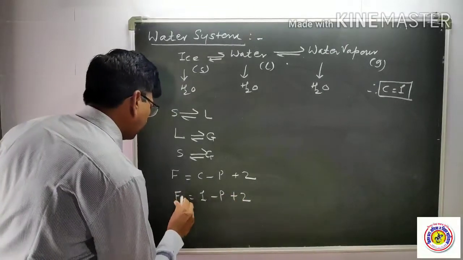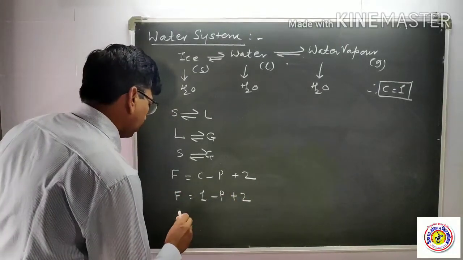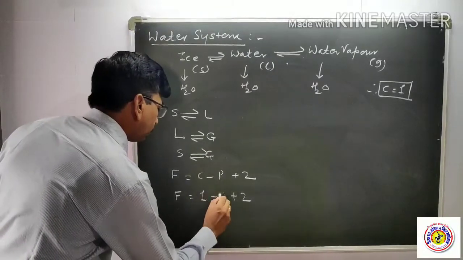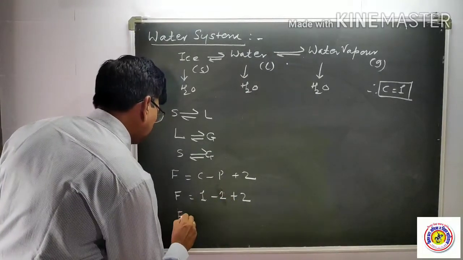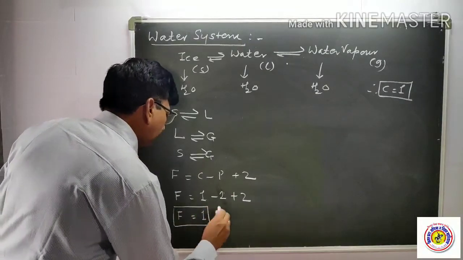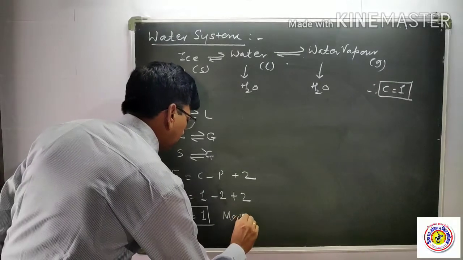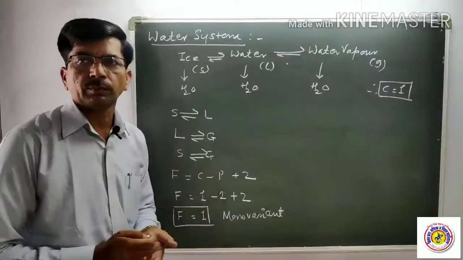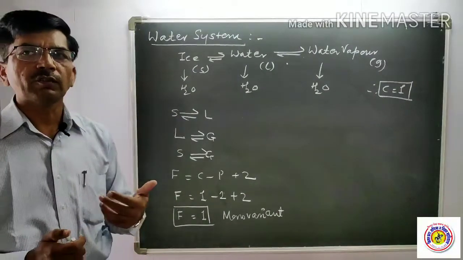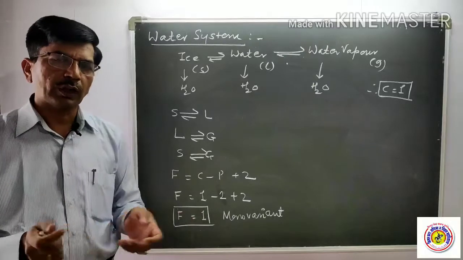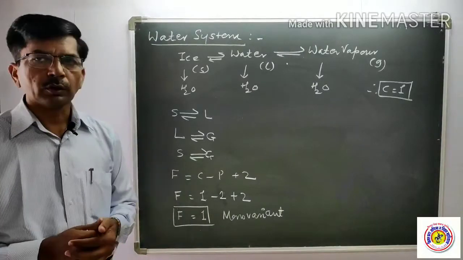Therefore, as phases are 2, F is equal to 1. F is equal to 1 indicates that it is a monovariant system. That is, we have only one variance in the system. We cannot vary 2 parameters, we can vary only one parameter in the system.